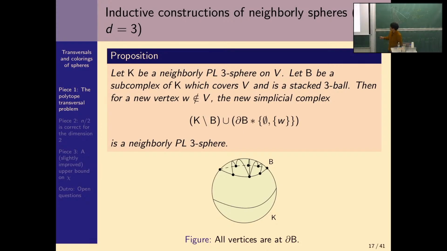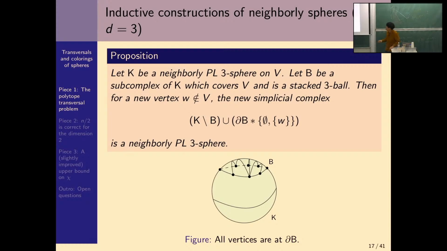Then we find a stacked ball as a subcomplex inside K, such that B is a stacked 2-ball and B covers all the vertices of K. In other words, all vertices are at the boundary of B, since in an outerplanar graph every vertex is at the boundary.